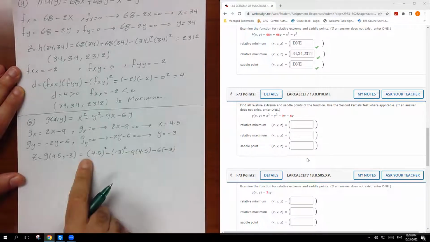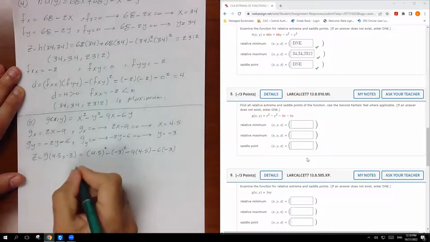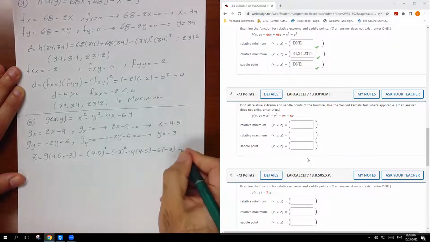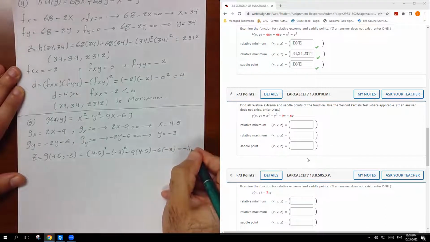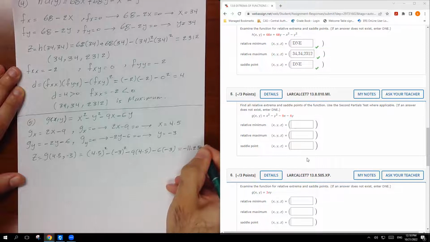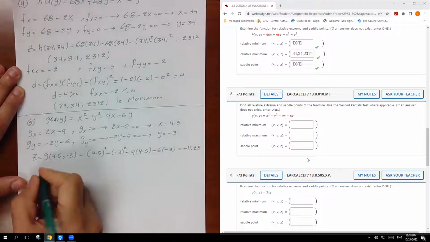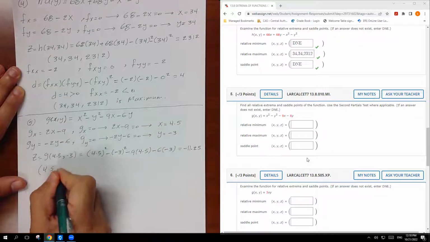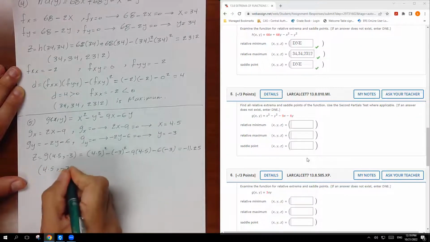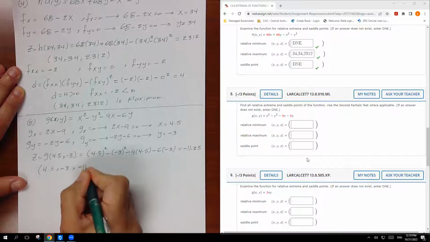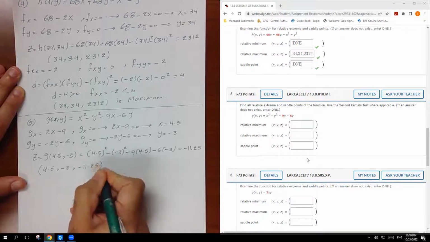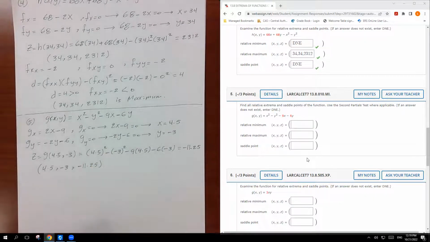The result is -11.25. That means our critical point is x is 4.5, y is -3, and z is -11.25.